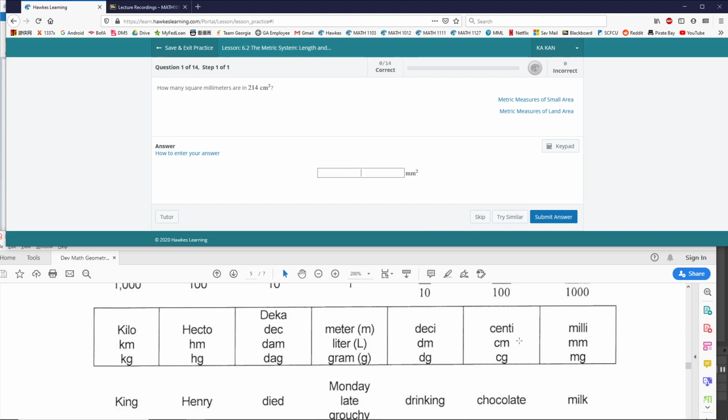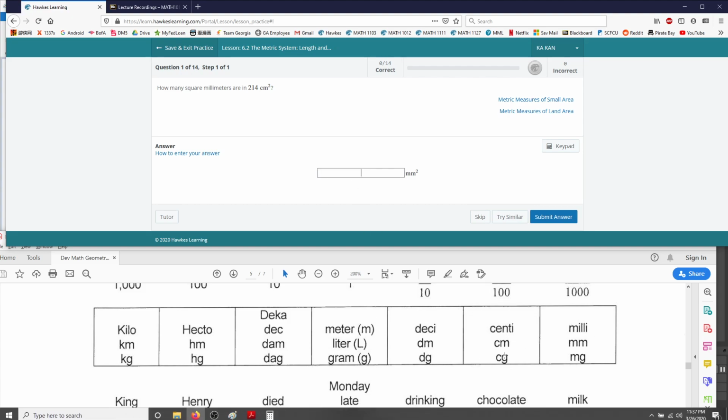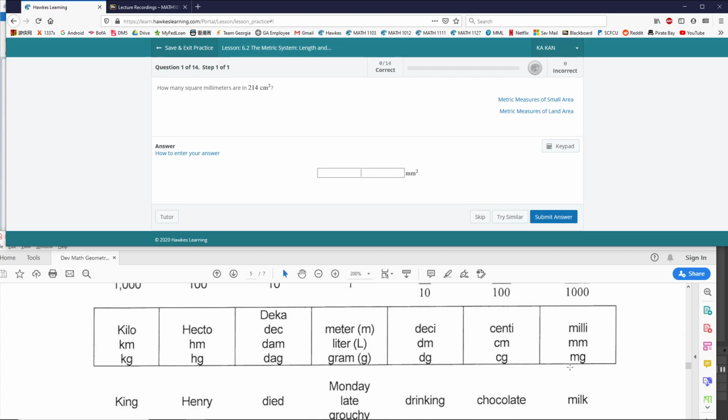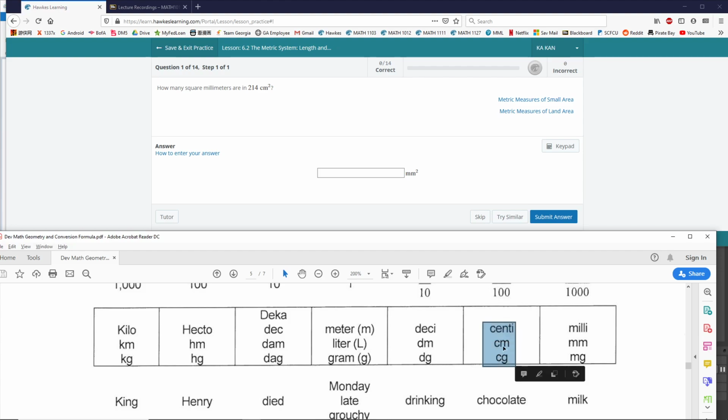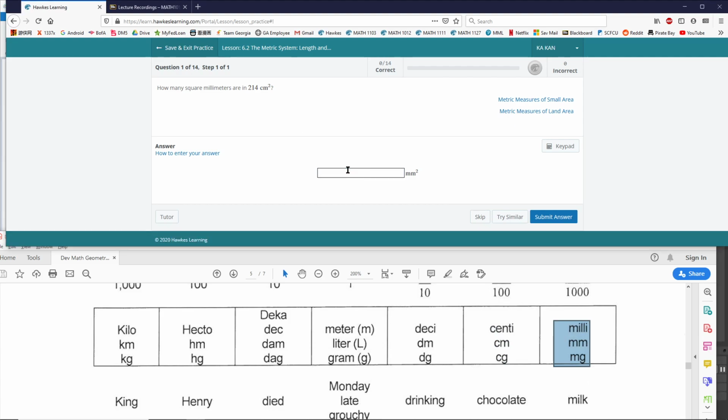Now, usually you just go from here to here. If you have 214 centimeters to millimeters, you have to move to the right one time. The way I think about it is if I have to move from the original position to the right one time, that means I move my decimal to the right one time.